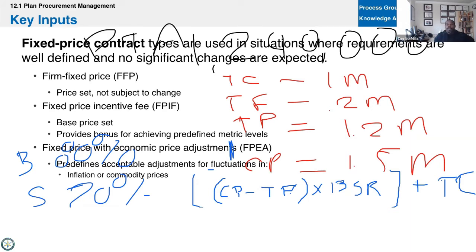Now, here's what that means. As a buyer, I pay all the cost up to $1 million, right? I've paid it all myself. From 1 million to 1.24 million, I've paid 80% of that, and you've paid 20% of that, right?